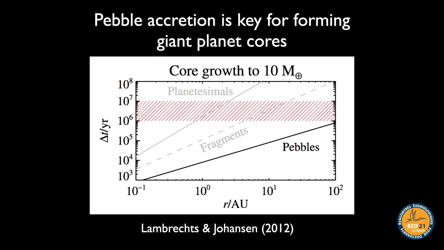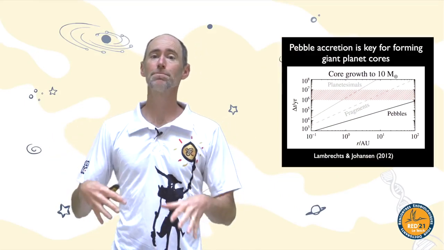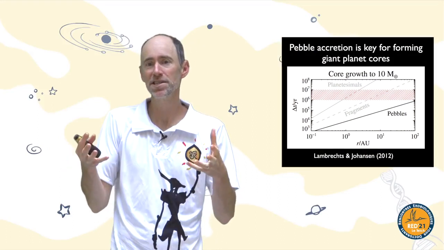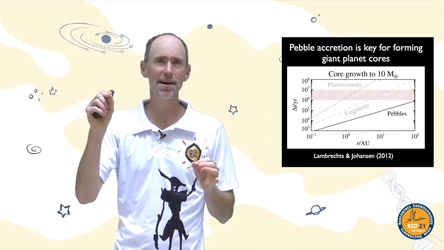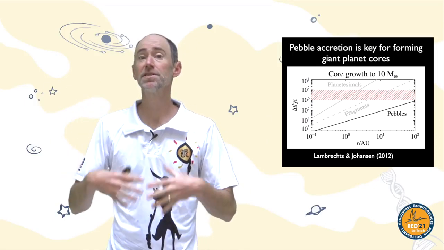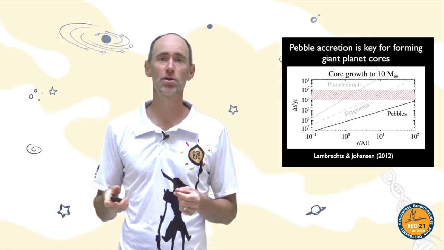We know that disks only last for a few million years, and pebble accretion can explain how big cores form within that time frame, whereas planetesimal accretion cannot. So this is a key reason, in addition to connecting the dots in a smoother way, that we like pebble accretion as a process that's very important for forming giant planet cores.